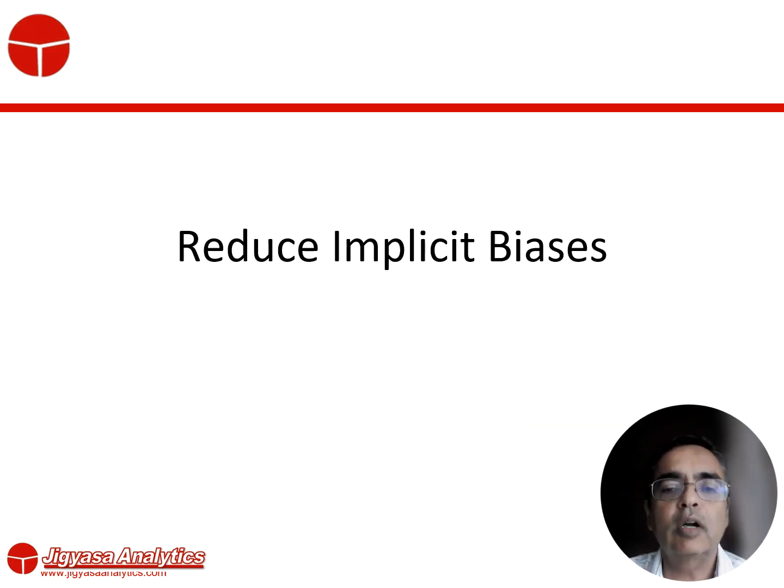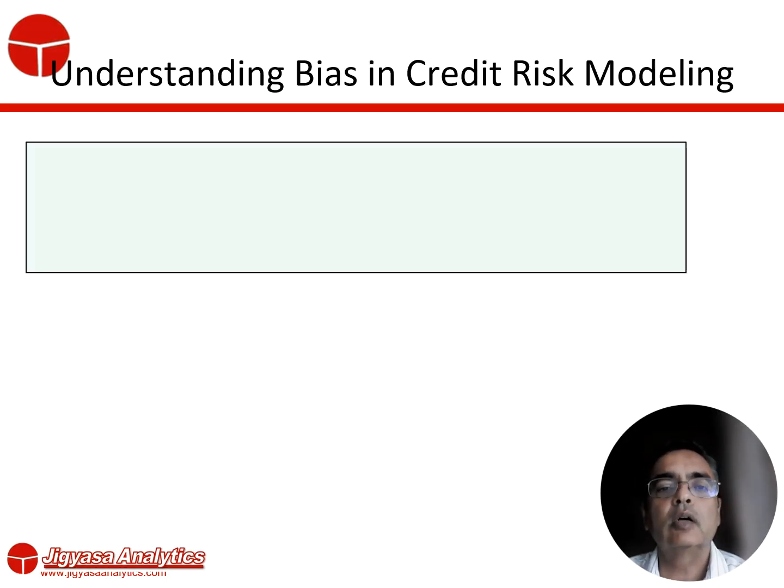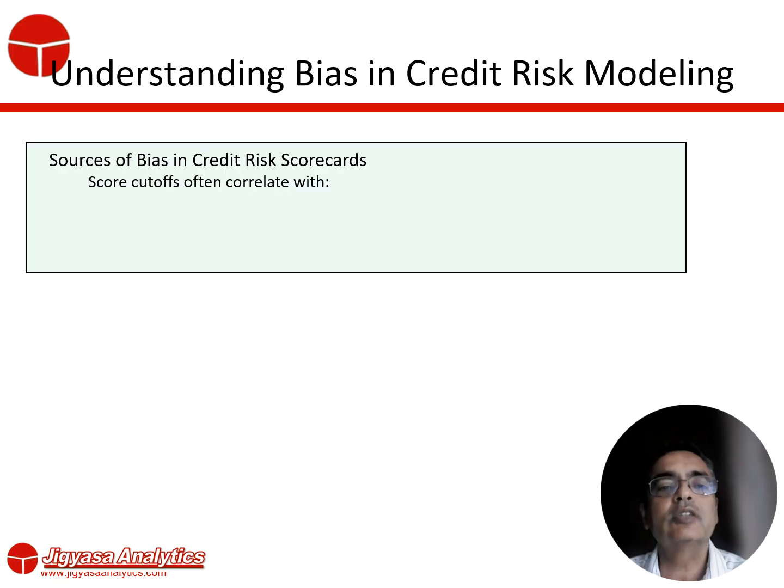Let us now talk about reducing the implicit bias that creeps into our credit risk process. So, the sources of bias in any credit risk scorecard implicitly often come in because we are using score cutoffs.